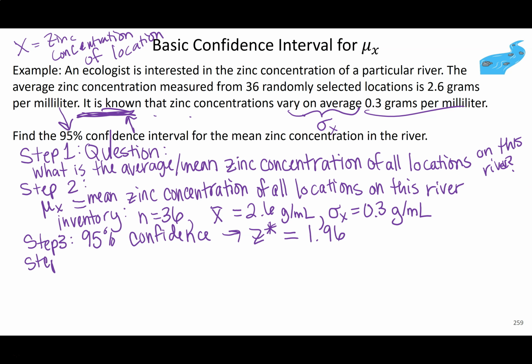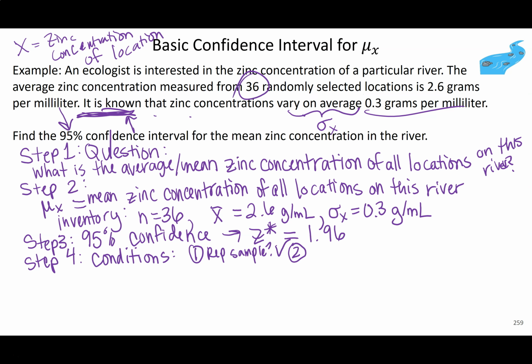Step 4, I need to check my conditions. I'm going to number them the same as they are on the other page without writing them all out because there's not really space here. 1, is it a representative sample? It's asking, did we take a random sample? Yes, so that looks good. 2, is my sample size big enough?